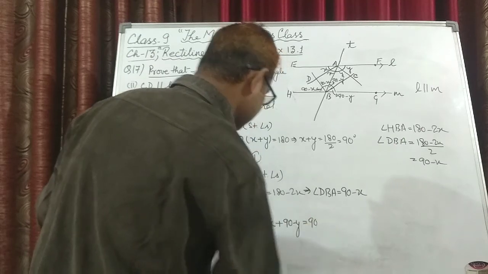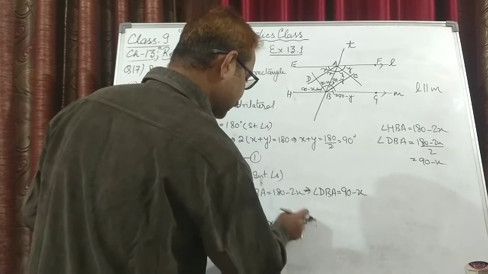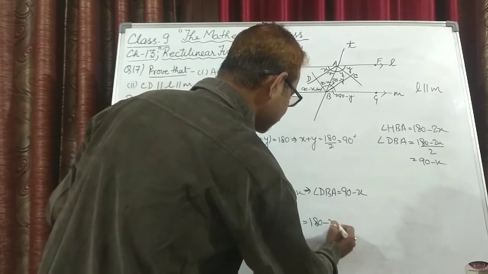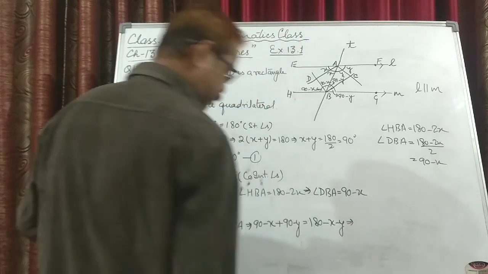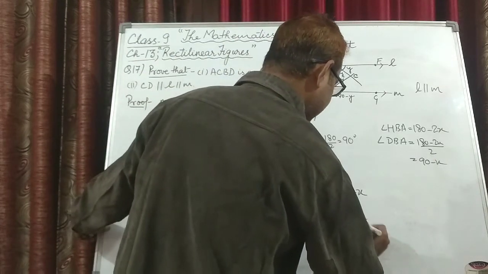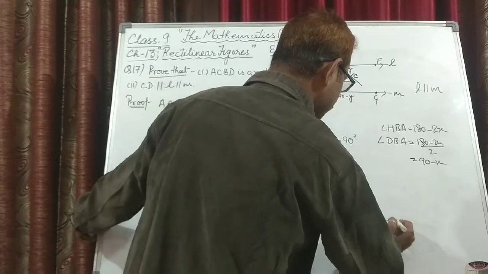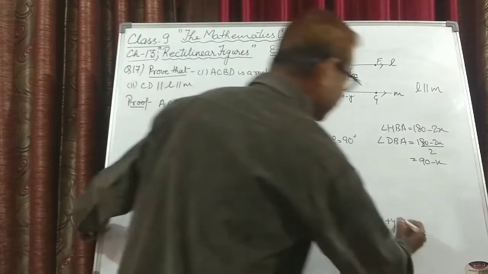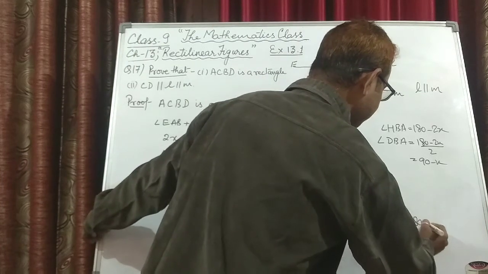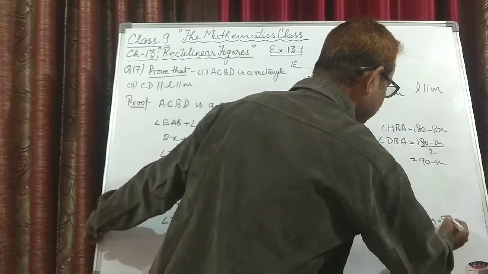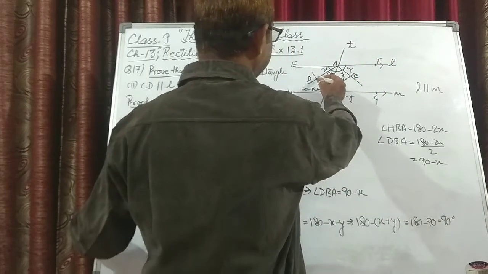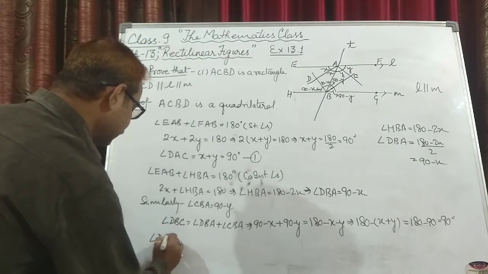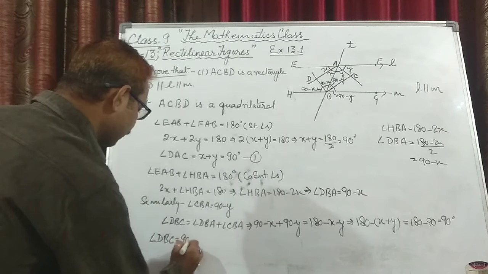So 90 plus 90 is 180, I am writing it directly. 180 minus x minus y, that can be written as 180 minus (x plus y). And angle x plus y we have already proved as 90 degrees. So 180 minus 90 is equal to 90 degrees. So we have proved that angle DBC is also 90 degrees.